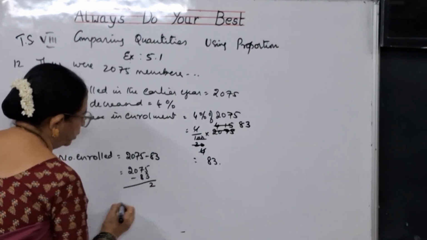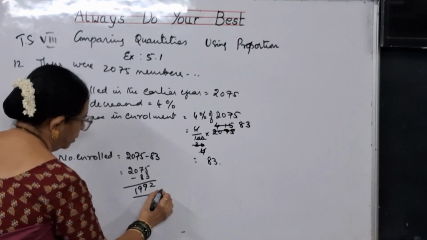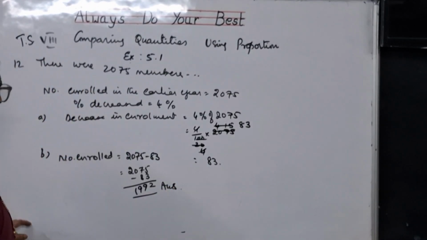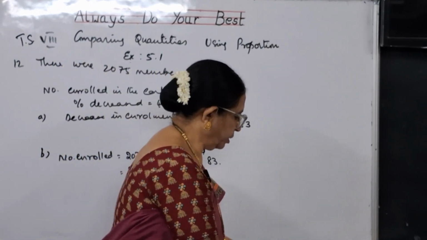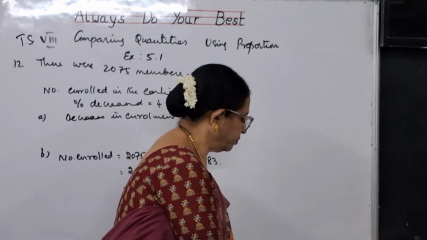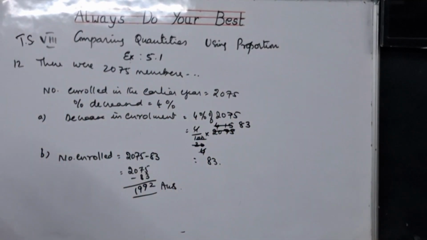So 2 here, 9 here, 9 here, 1. 1992 is enrolled. This is the 12th question, children. Please copy it.